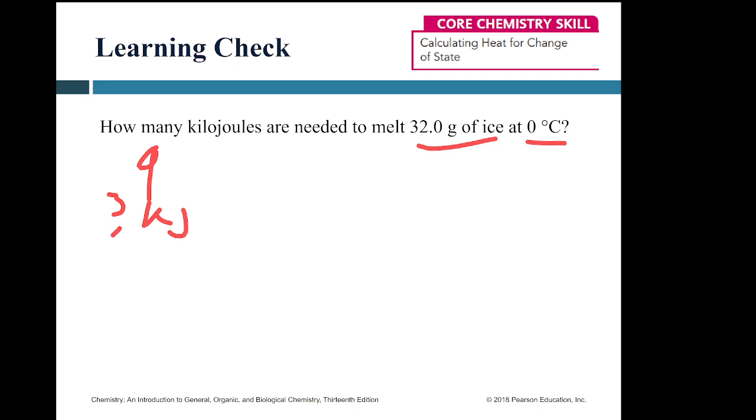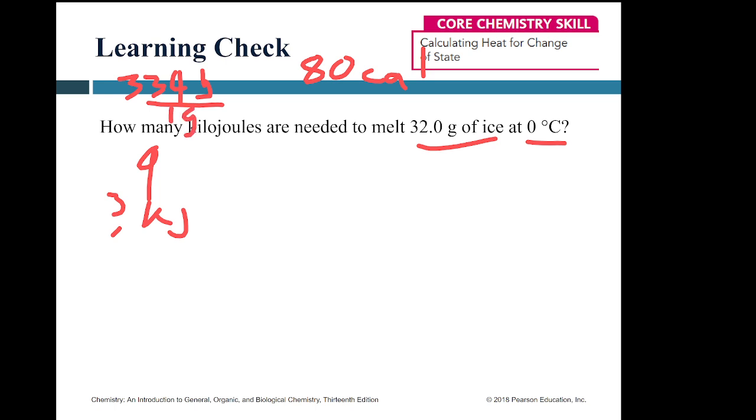We also have a constant that was given us in the previous slide. Does anybody remember that number? 80 calories. Or 80 calories, yep. Was there one in joules? 333. Very good. What was the number on the bottom, by the way? 1 gram of?